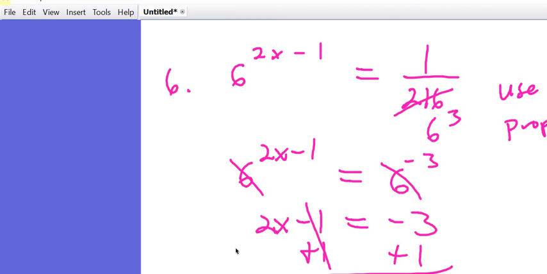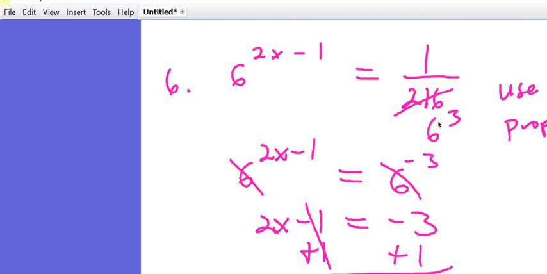There you go. Okay, so this was a little different in that you had a fraction we had to flip. Why would you put the negative after that to flip it over? All right, remember the negative exponent property works two ways. If I have 6 to the negative 3, that's going to flip that to 1 over 6 cubed, right?